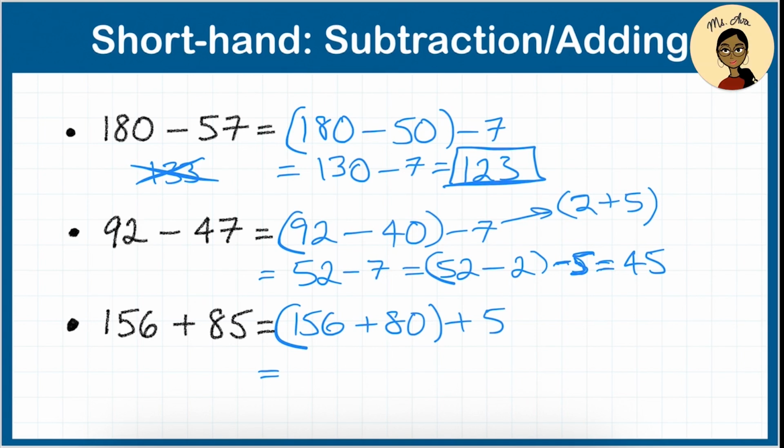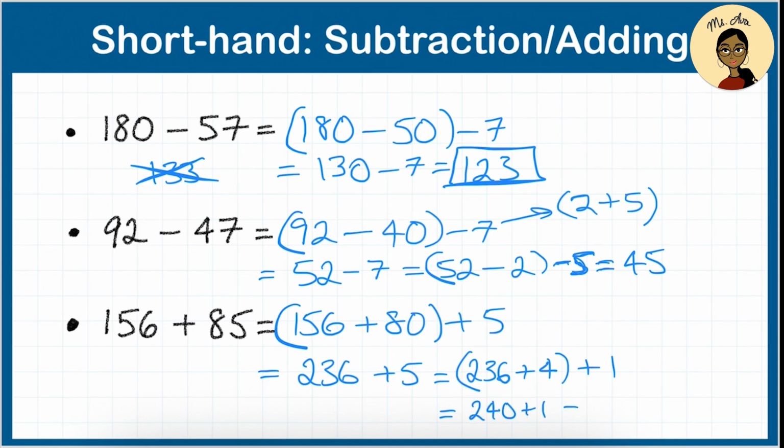Yes, 236. And then we're just doing 236 plus 5, which again, you can think in your head like 236 plus 4, and then plus 1, because the 4 plus the 6 gives you a 10. So this would become 240 plus 1, which is just 241.